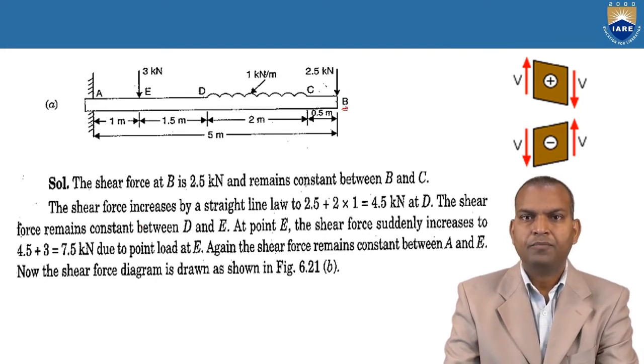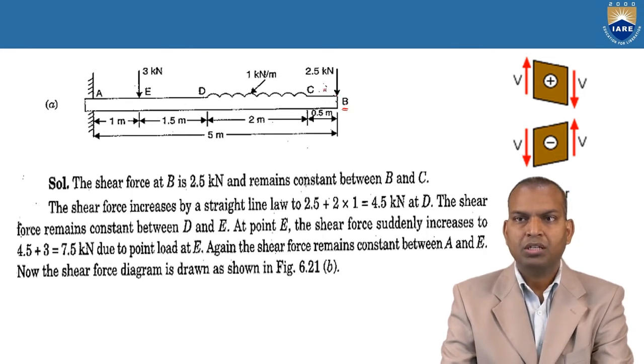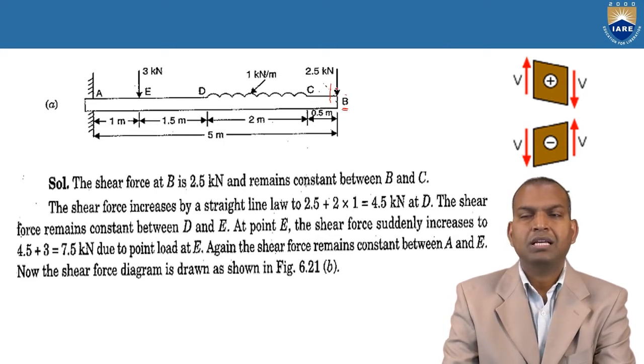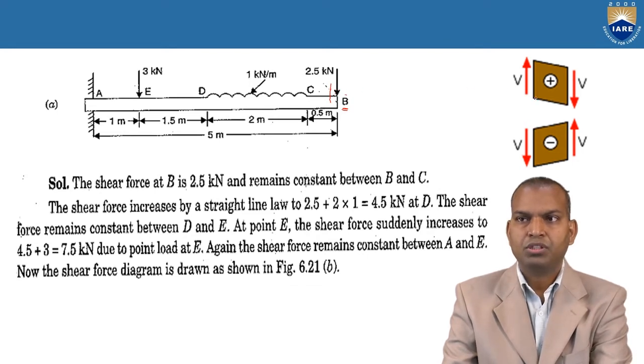At point B, consider carefully, the load is downwards. Suppose you are coming from this direction, the section at point B is after the point. After the point section, what is on the right side? On the right side, the point load is acting downwards. If the force is downwards, it comes under positive.